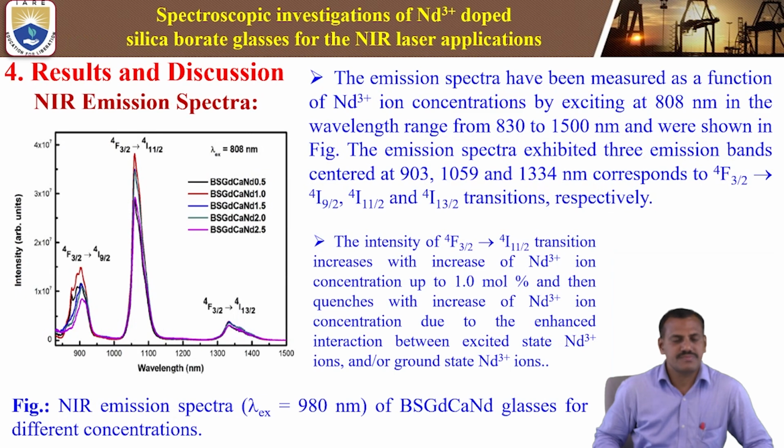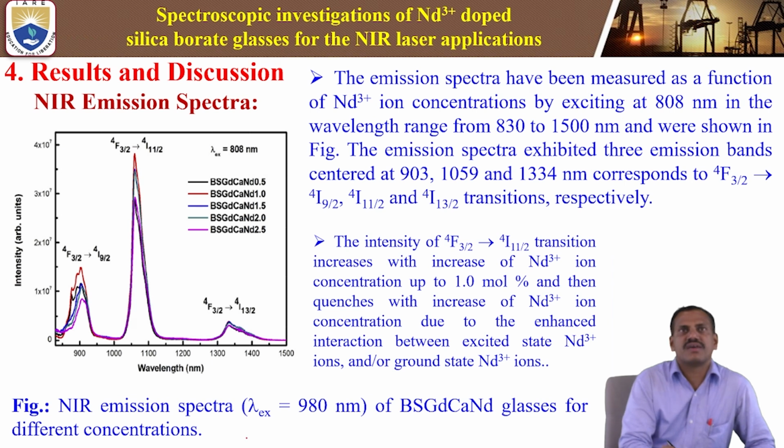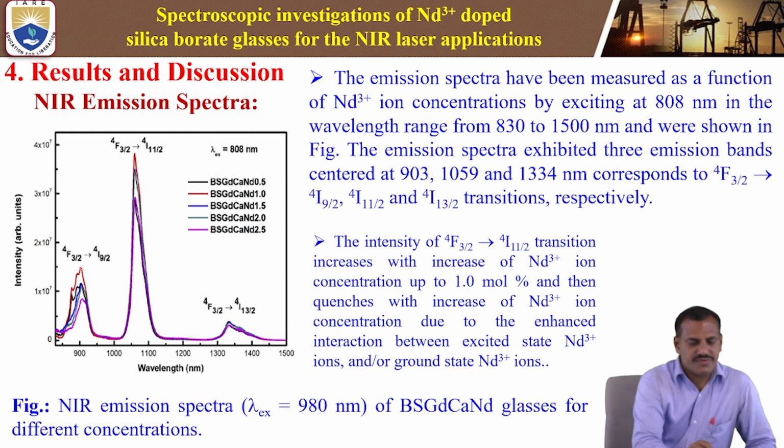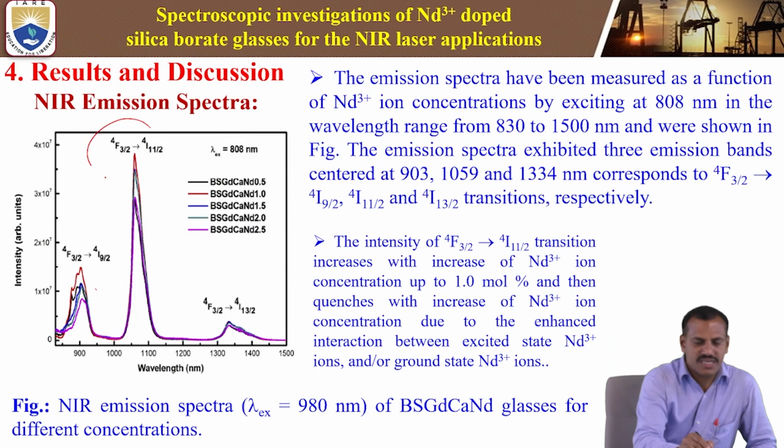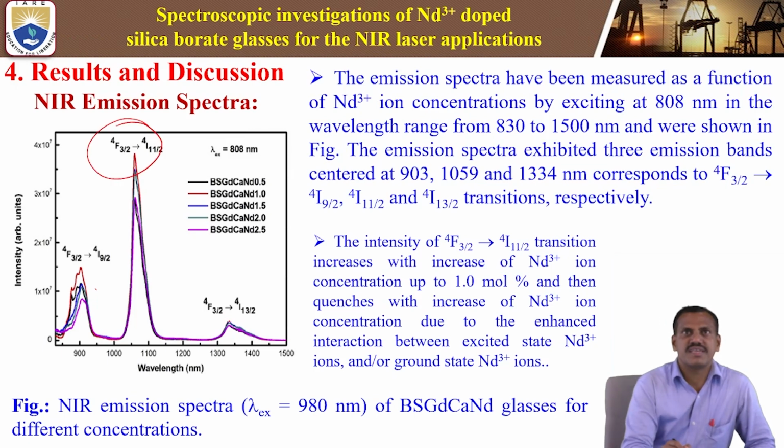Next, from the Nd3+ doped glasses, we are observing the near infrared emission spectra. Pumping with 808 nanometer, we get different emission channels: from 4F3/2 to 4I9/2 is one emission. These are all three emission bands in the near infrared region. The maximum intensity is at 4F3/2 to 4I11/2, and a small intensity emission is 4F3/2 to 4I13/2.